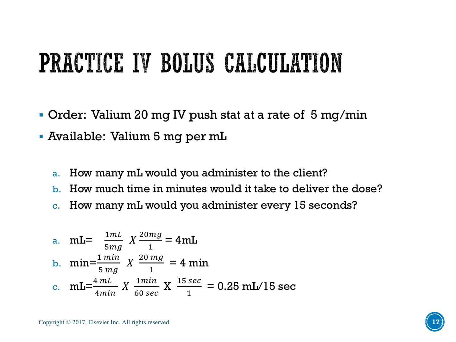You could actually figure it out without doing the math, but if you use dimensional analysis, you're going to end up with 0.25 milliliters every 15 seconds or 0.5 milliliters every 30 seconds, which is the rate at which we would administer those 4 milliliters over 4 minutes.